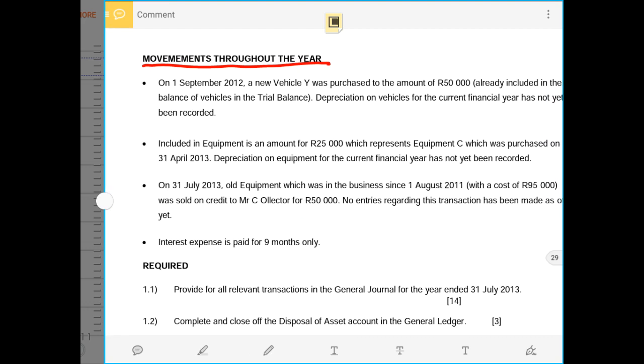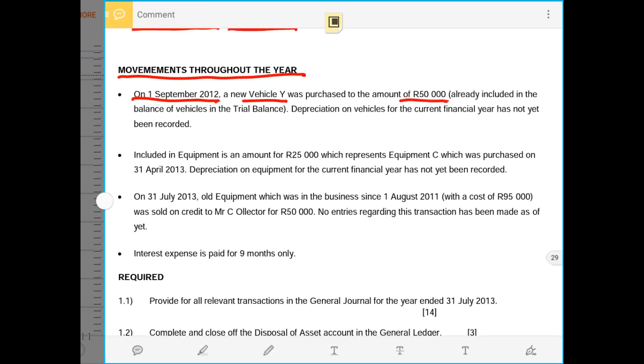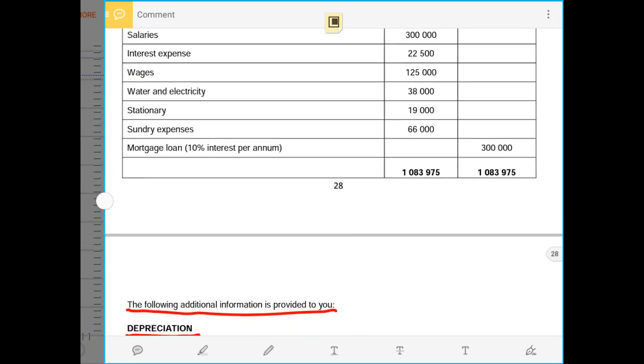The first movement says on the 1st of September in the year 2012, a new vehicle, which is vehicle Y, was purchased for the amount of 50,000 rands and is already included in the balance of vehicles in the trial balance. So this new vehicle, vehicle Y, bought on the 1st of September at a cost of 50,000, is already included in the amount of our vehicles in the trial balance.